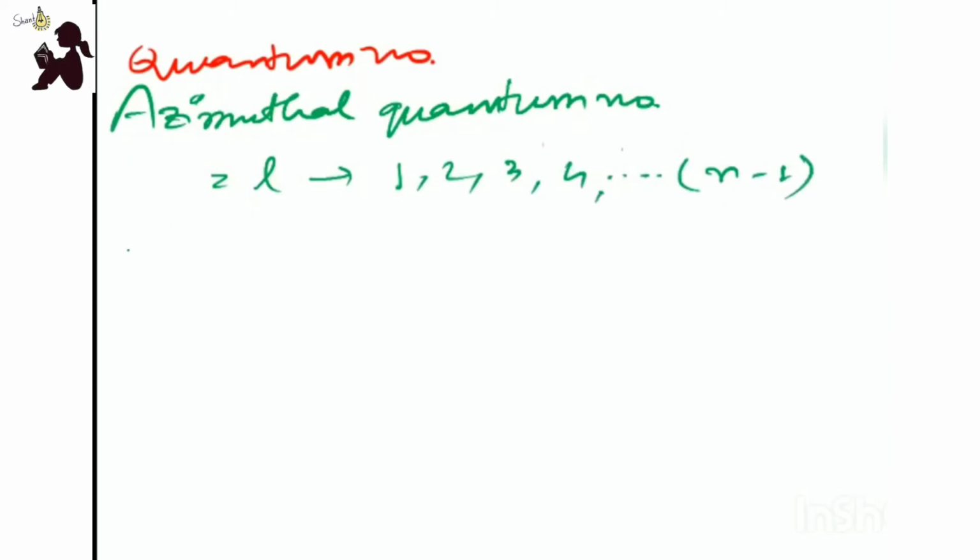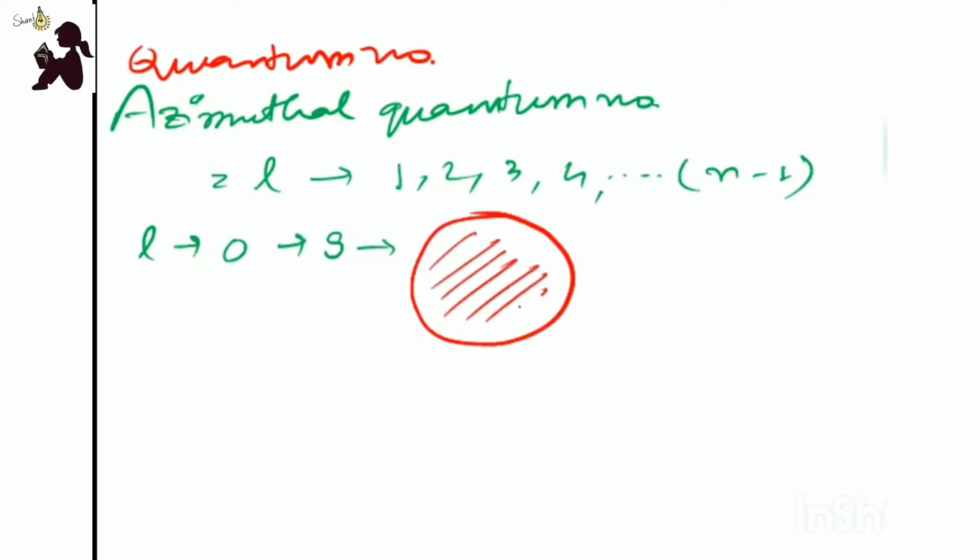Okay. So if L is 0, it is denoted as s orbital. S orbital has the shape of a sphere like this. The shape of a sphere.